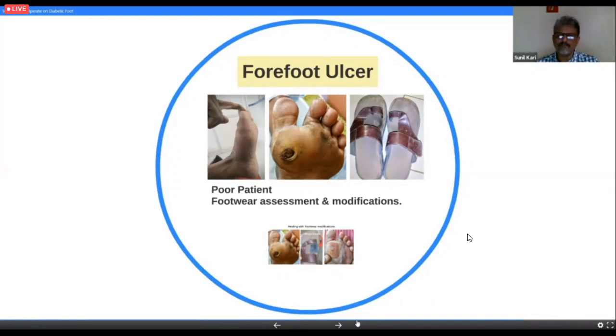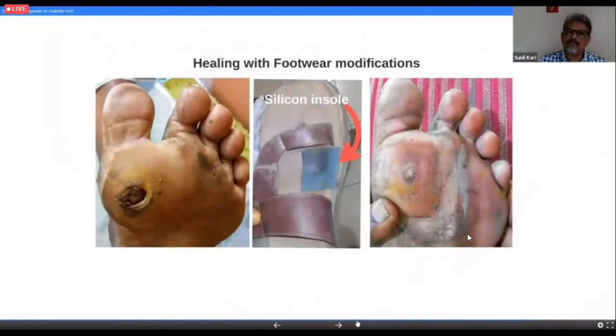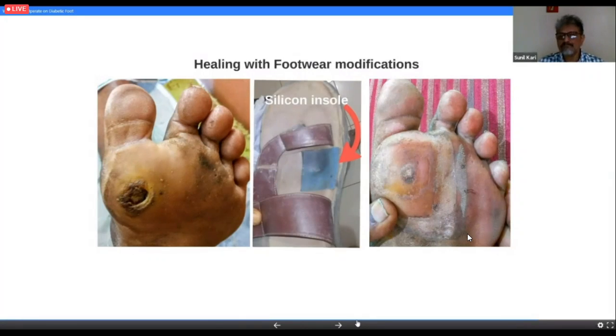So we designed a silicone insole cut, which costs very minimal, less than 15 rupees for the entire silicone insole, and we placed it there, and we could achieve excellent healing. The patient was told to use it continuously. He was told not to be barefooted.